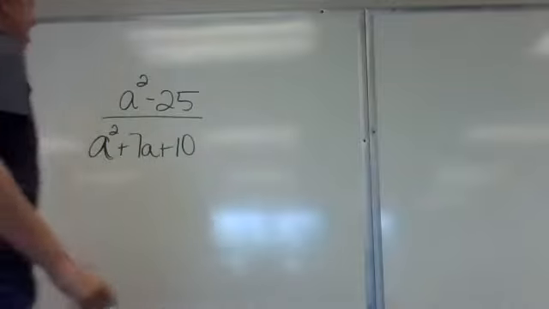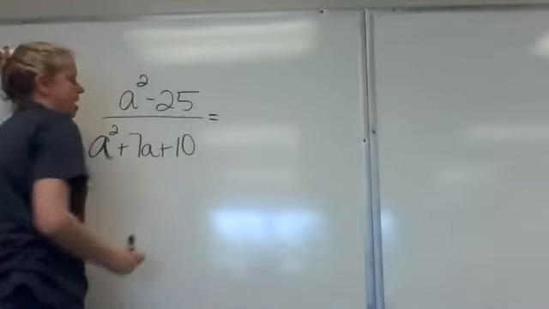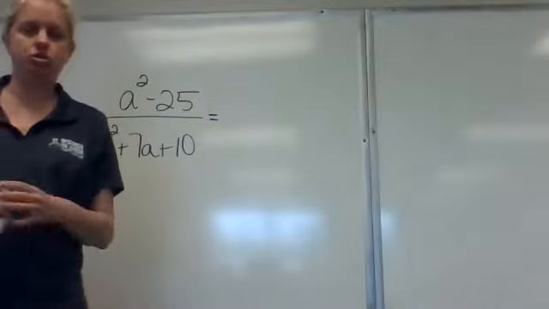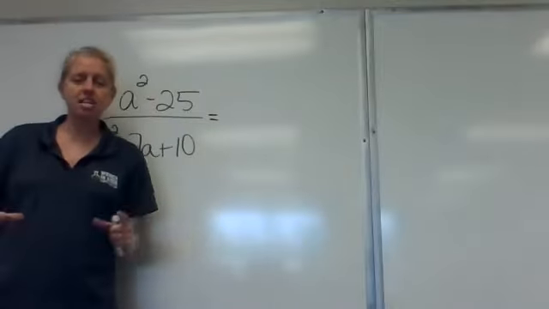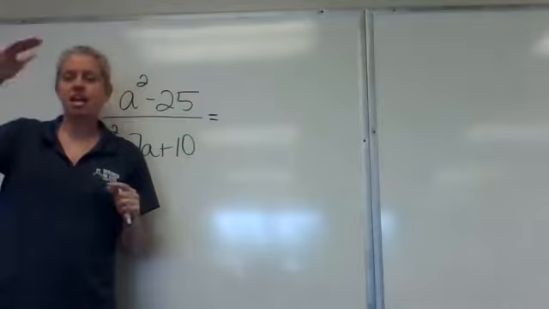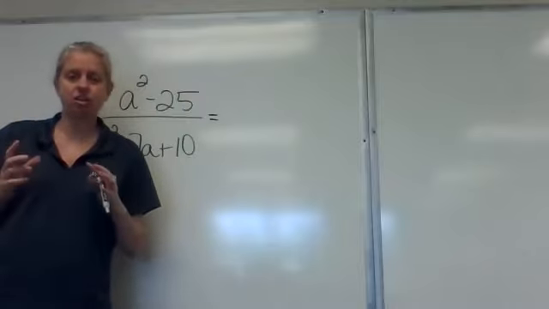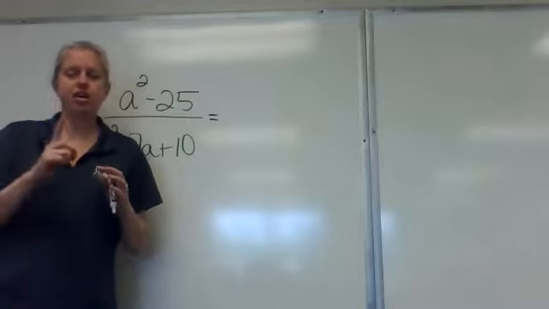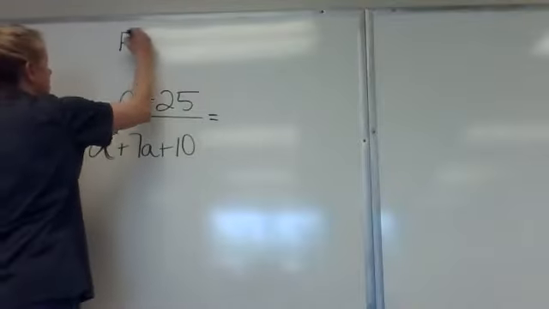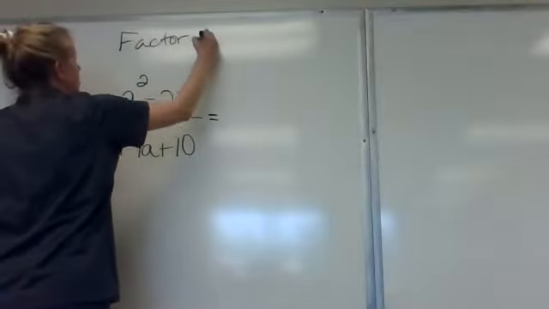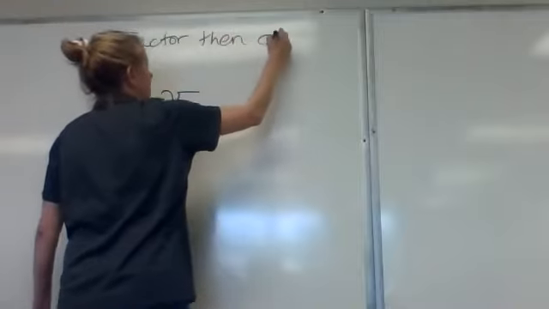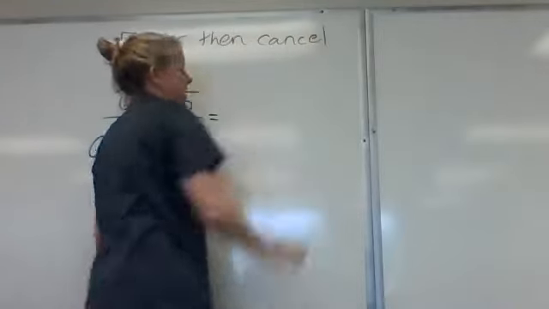So let's see. Before you can start simplifying or reducing the top and the bottom of your fraction, any part that needs to be factored, you have to do that first. Okay, so I'm going to call this factor, then cancel.